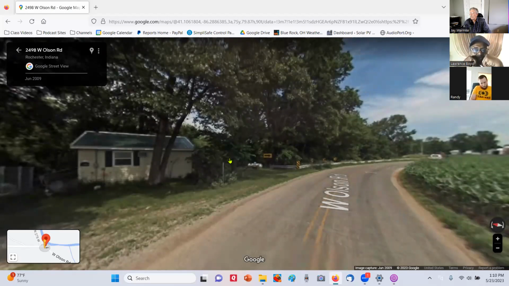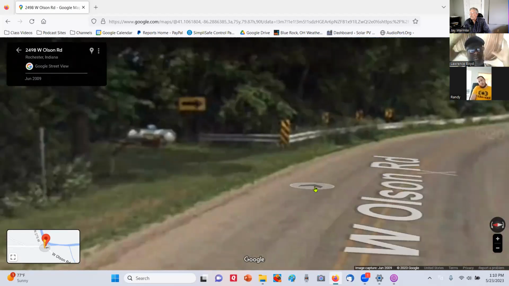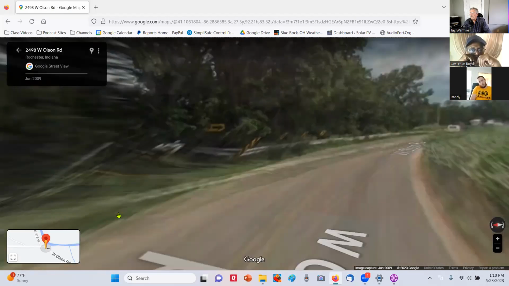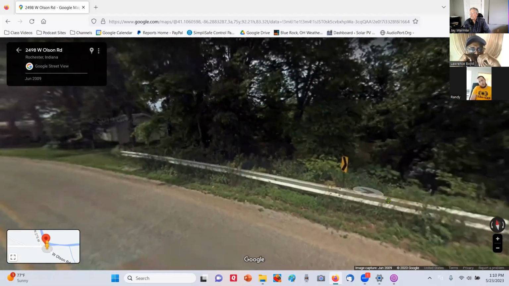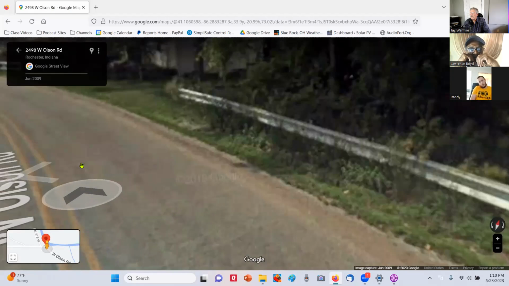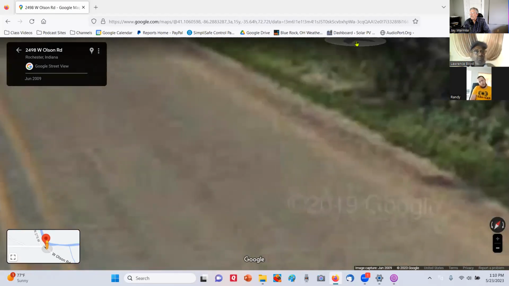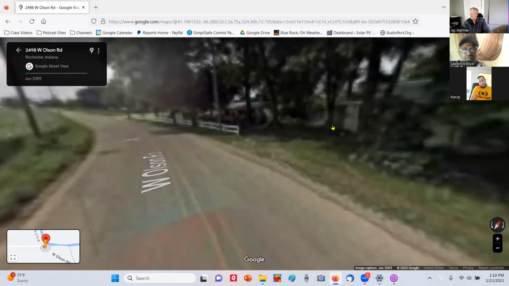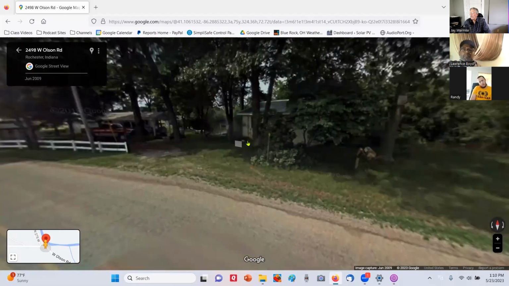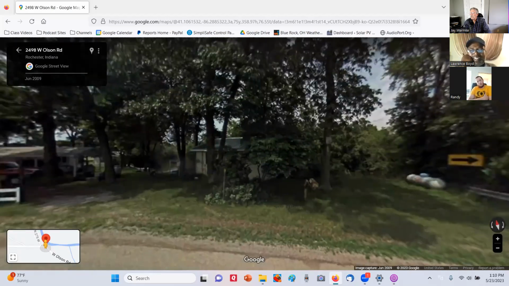Okay, so that whole tree is gone there now. I see. So this whole front area, we do have space there. Right. That's what I ran into when I was trying to figure it out.